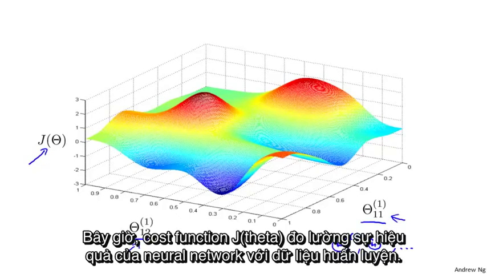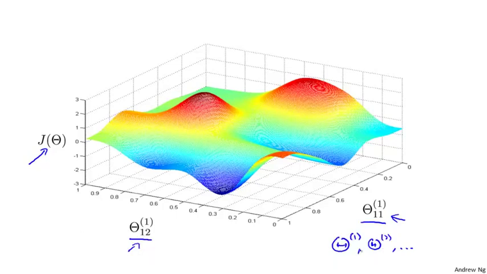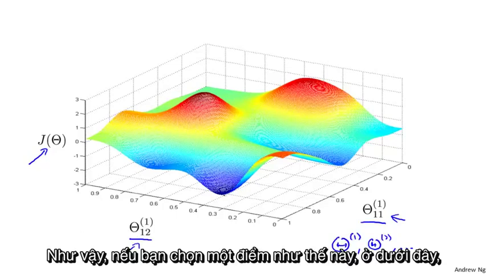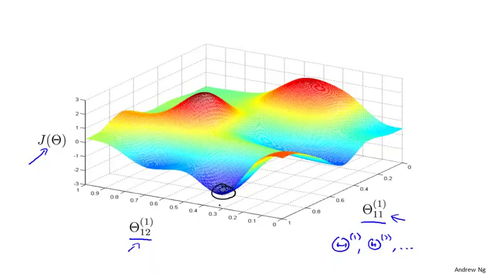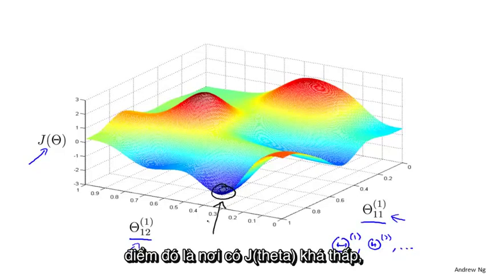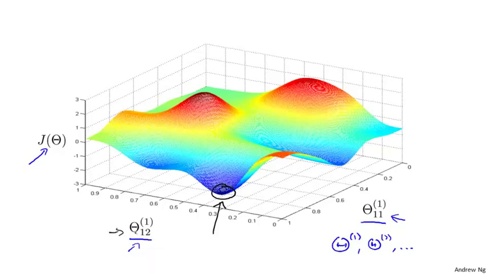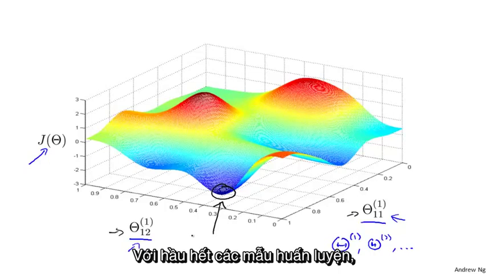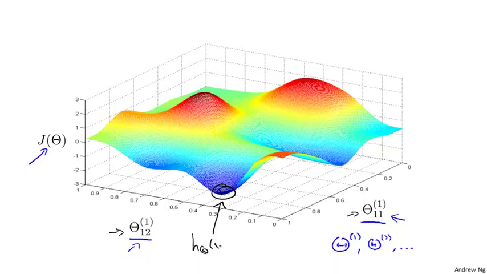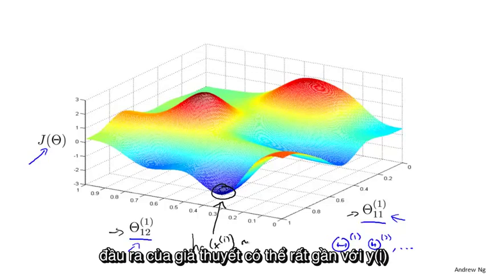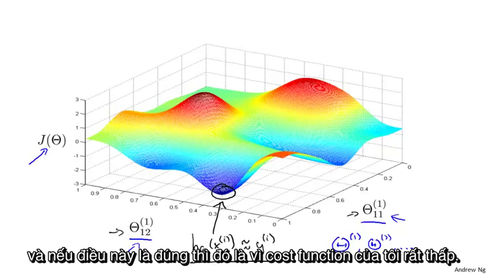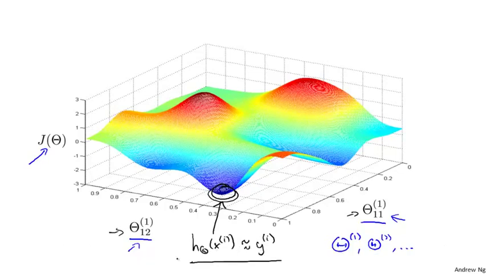Now, this cost function J of theta measures how well the neural network fits the training data. So if you take a point like this one, down here, that's a point where J of theta is pretty low, and so this corresponds to a setting of the parameters theta where, for most of the training examples, the output of my hypothesis is pretty close to y(i), and if this is true, then that's what causes my cost function to be pretty low.